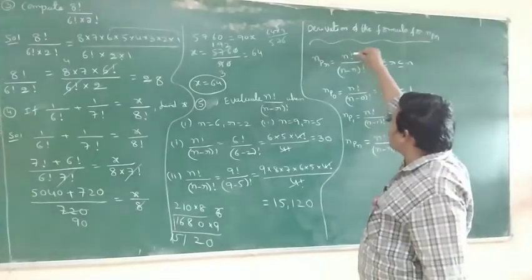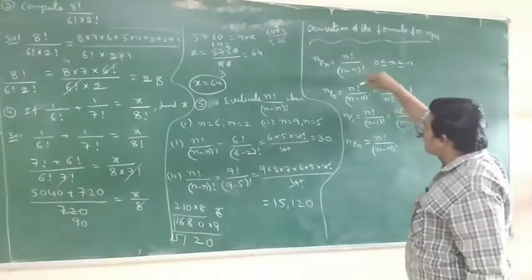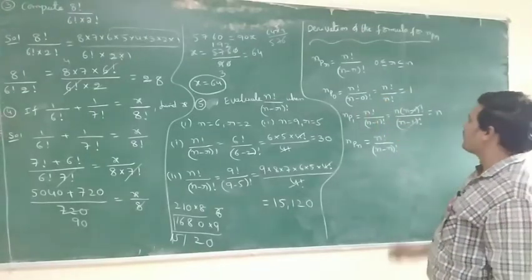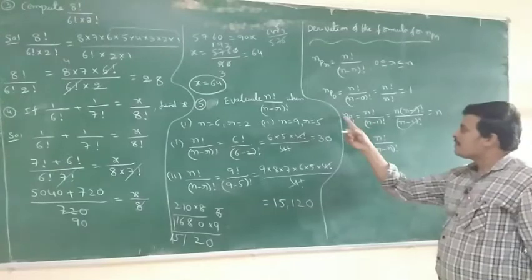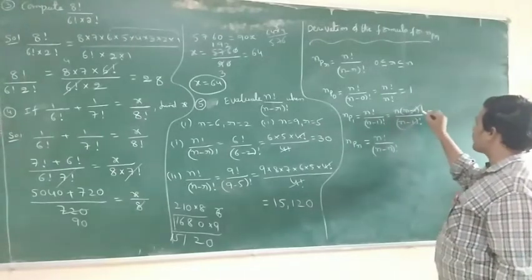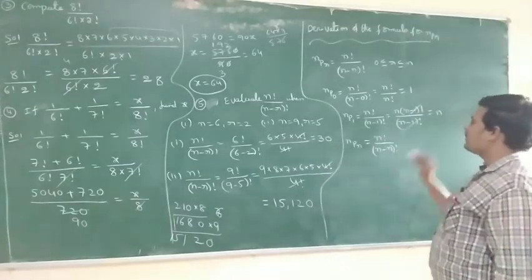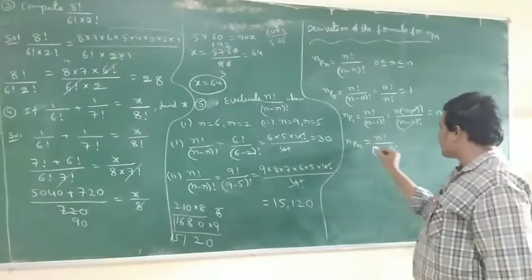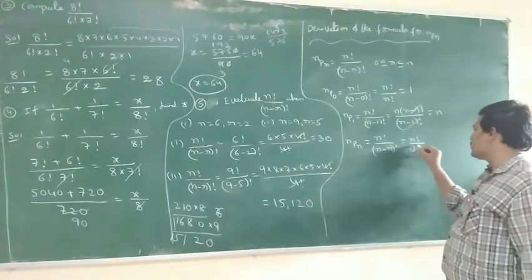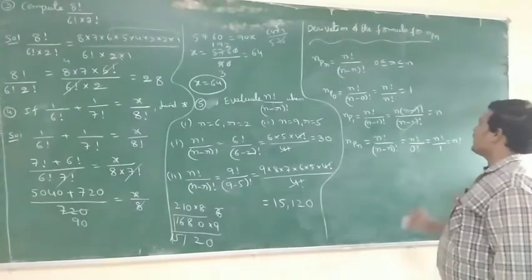Apply the formula: nPr is equal to n factorial by n minus r factorial. nP0 is equal to, this is the first one, n factorial by n minus 0 factorial, so it is n factorial by n factorial, which is 1. nP1 is n factorial by n minus 1 factorial. n factorial expands as n into n minus 1 factorial, and the n minus 1 factorial cancels, giving n. nPn is n factorial by n minus n, so n factorial by 0 factorial. 0 factorial is equal to 1, so that is equal to n factorial.